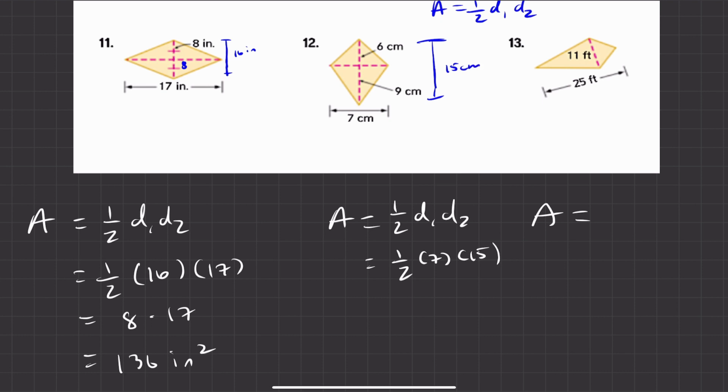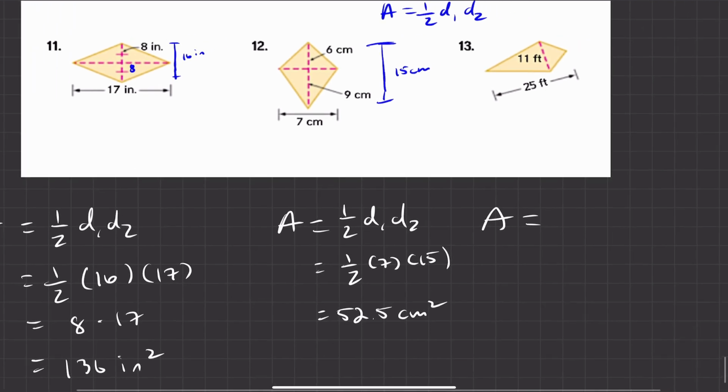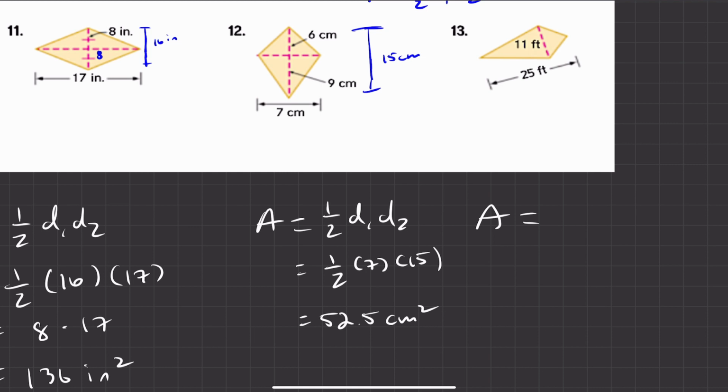If I put all of that in my calculator, you will get 52.5 centimeters squared. And then this one right here, number 13, 1/2 d1 d2, 1/2 of 11 times 25.